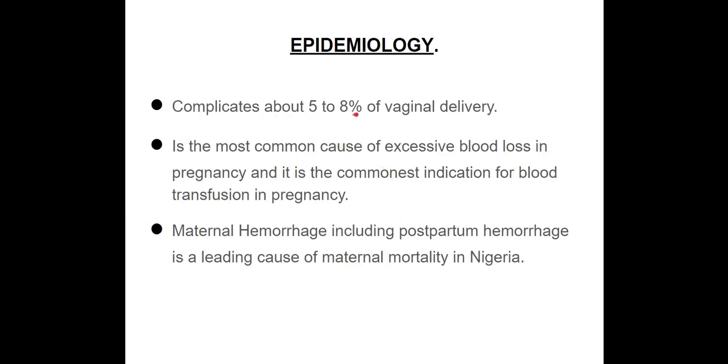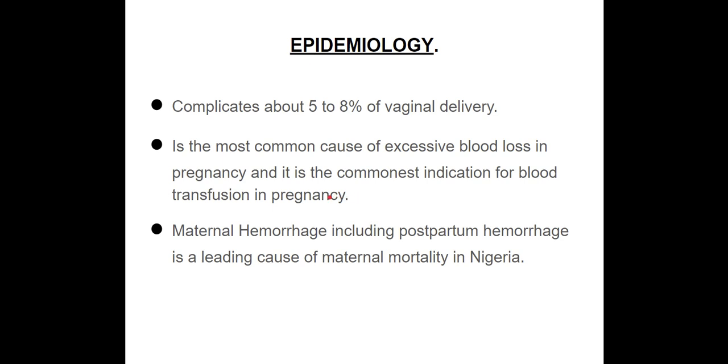So it complicates about 5 to 8% of vaginal deliveries. It is the most common cause of excessive blood loss in pregnancy and is the most common indication for blood transfusion in pregnancy. There are many other causes of blood loss in pregnancy like antepartum hemorrhage, like ruptured ectopic pregnancy, like first trimester miscarriages.